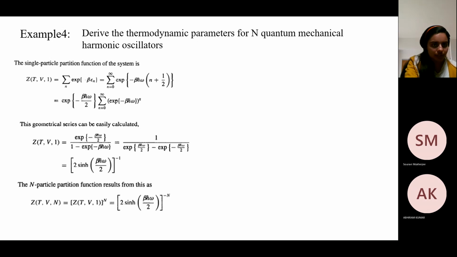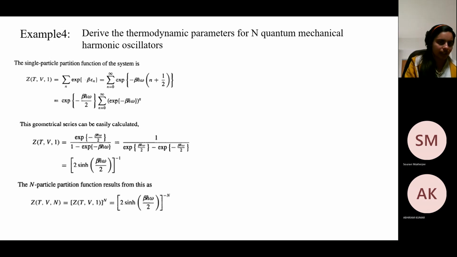But what we are doing here is finding it for one particle, and then raising it to the power n for n particles. We can do that only when the particles are not interacting. That means each of the particles has its own independent probability distribution. They are identical, but non-interacting.